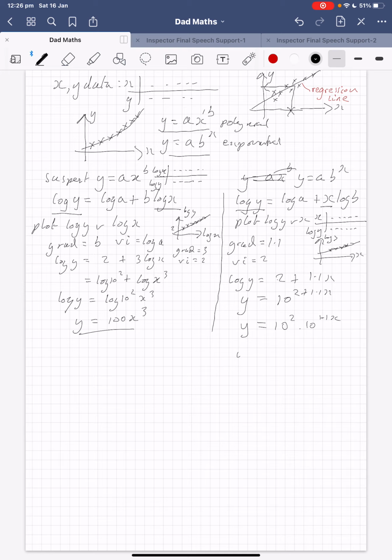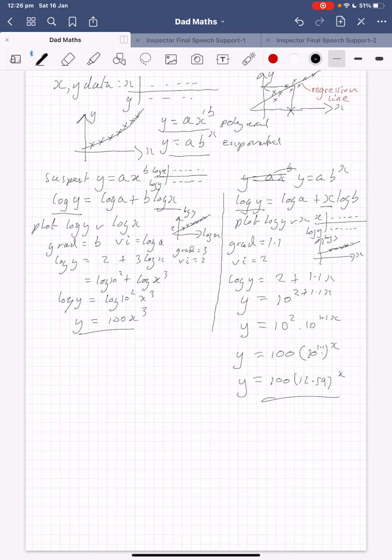And so y equals 100 times 10 to the 1.1 to the x, and 10 to the 1.1 is about 12.59. So A is 100, B is about 12.59, but is in fact 10 to the 1.1. And so we have an exponential relationship of 100 times 12.59 to the x. The numbers can change, but the ideas are the same.